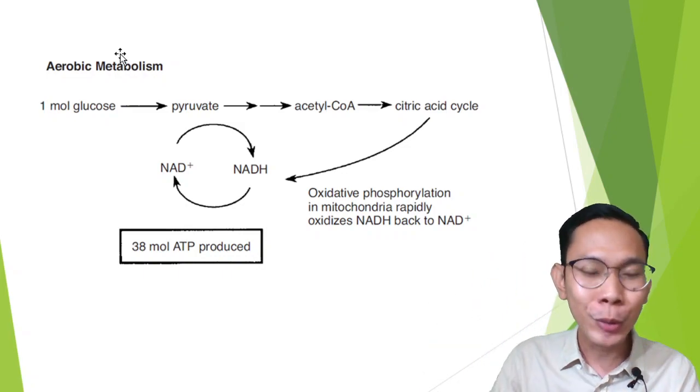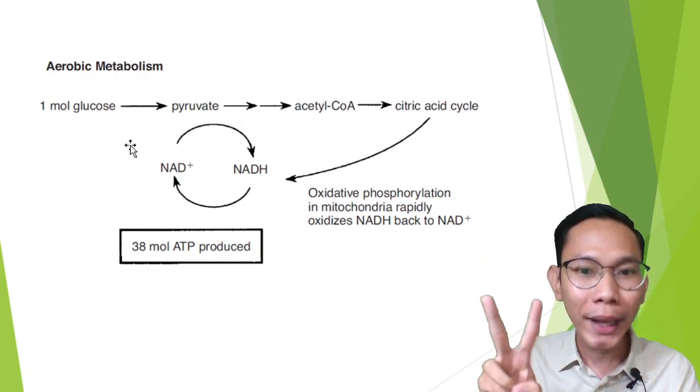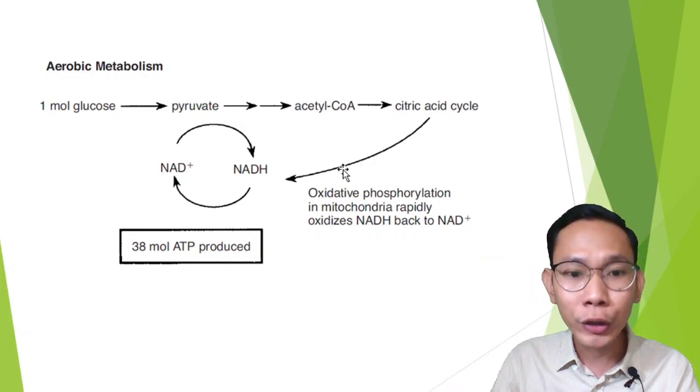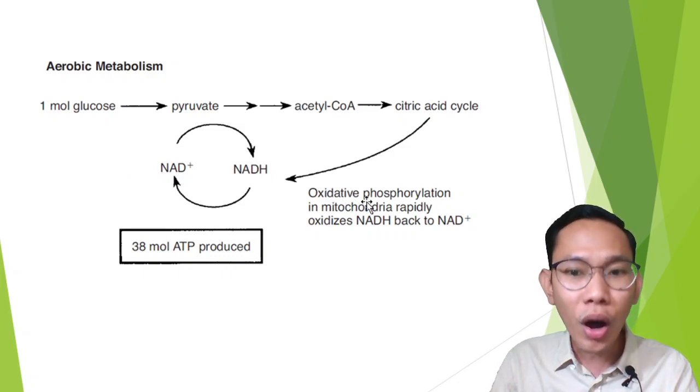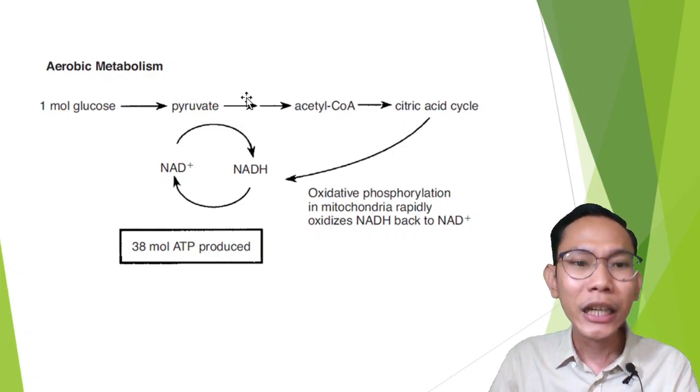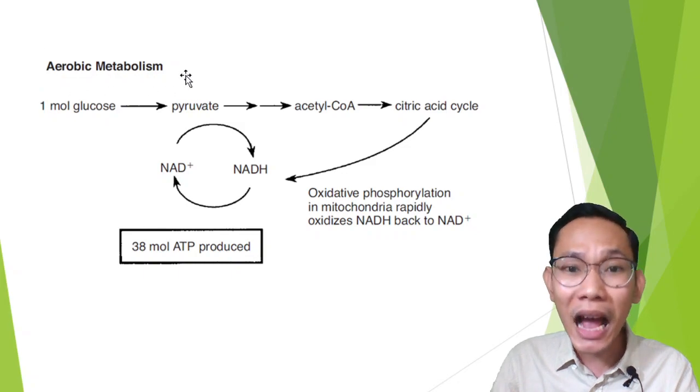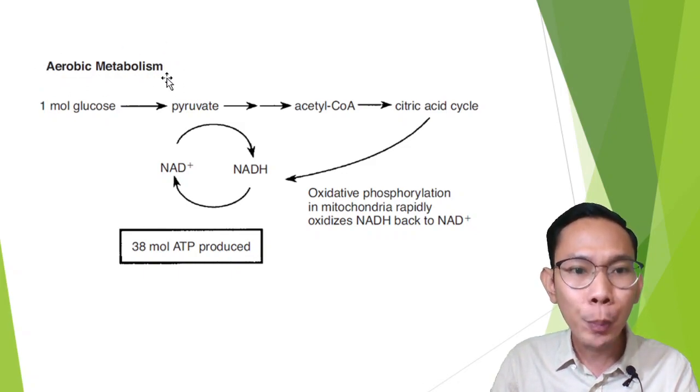So in short, ang napuproduce sa atin sa glycolysis ay 2 ATPs lamang. Pero when it undergoes oxidative phosphorylation, nagkakaroon tayo ng 38 moles of ATP because of the oxidation of your NADH into NAD+ through the process of oxidative phosphorylation. Ito yung importansya kung bakit kailangan ang oxygen kasi nga aerobic metabolism for us to generate sufficient amount of energy.